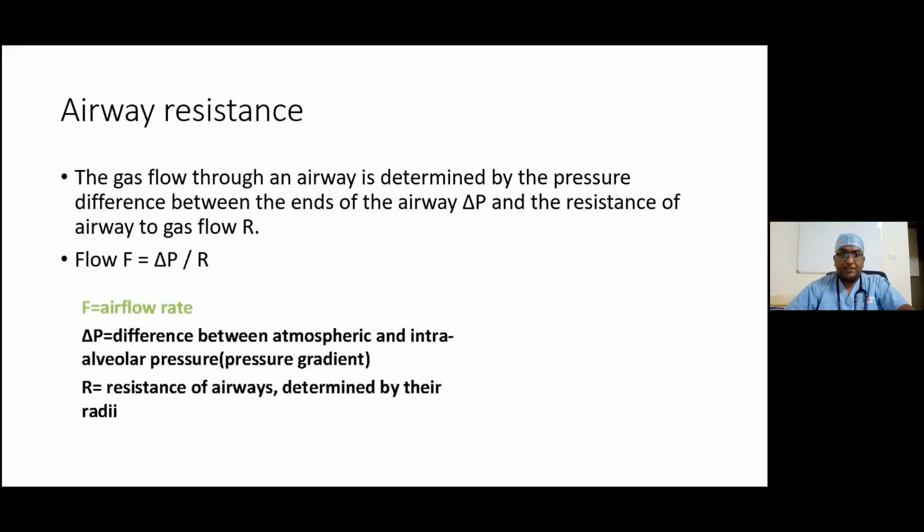Airway resistance is determined by pressure difference between the heads of airway, delta P, and the resistance of airway to gas flow, R. So flow is delta P by R. Delta P is the difference between atmospheric and the intra-alveolar pressure, the pressure gradient, and R is the resistance of airway determined by the radius.